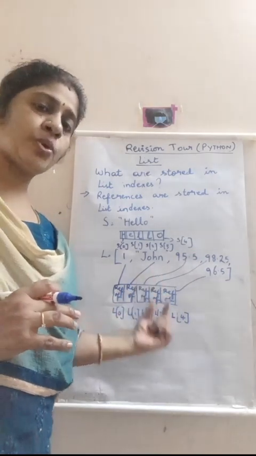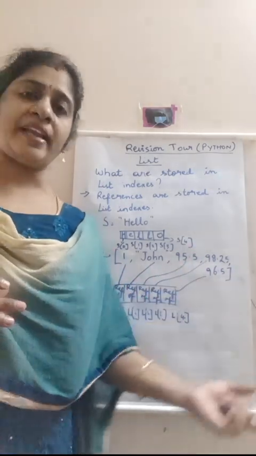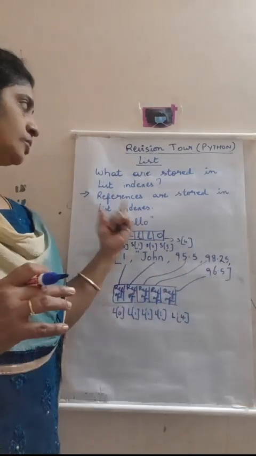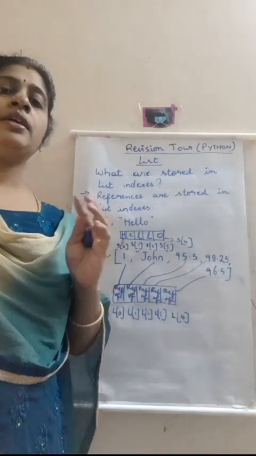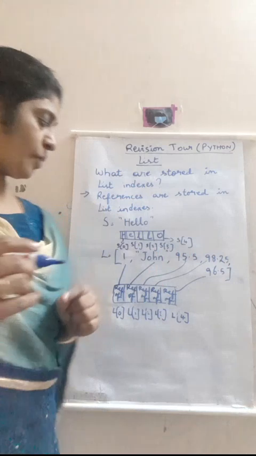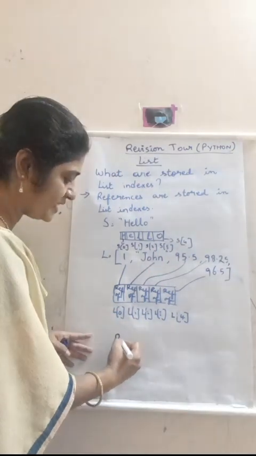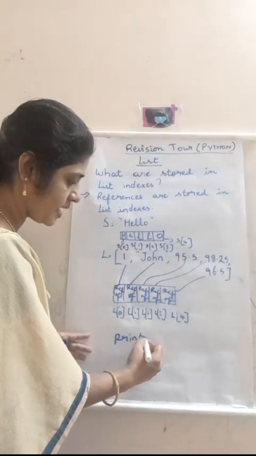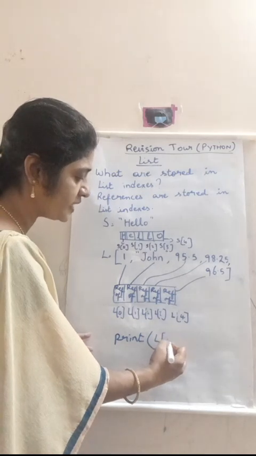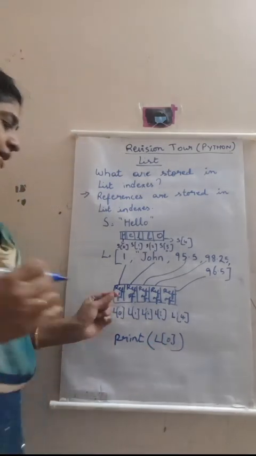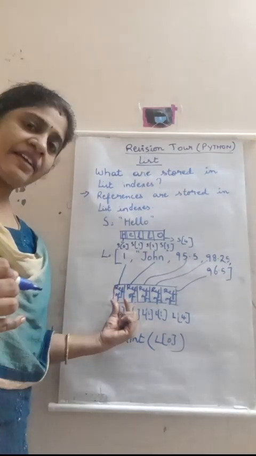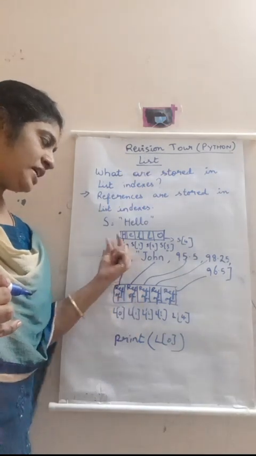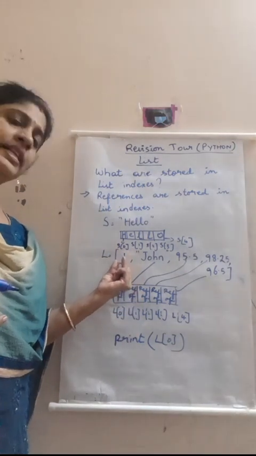That is, Python is storing the references of those values. So this is about list indexes. So when you write print L of 0, what is exactly happening is the value stored in this reference will be displayed.